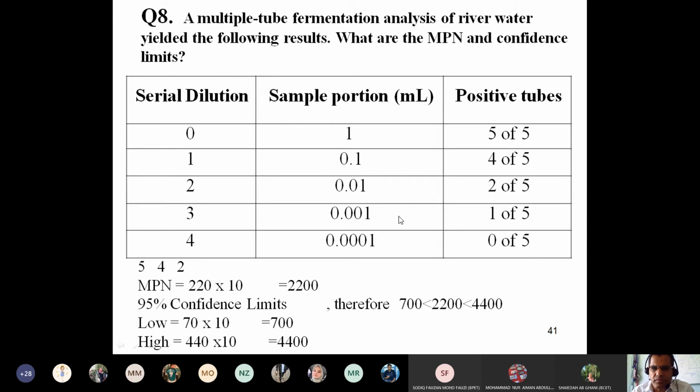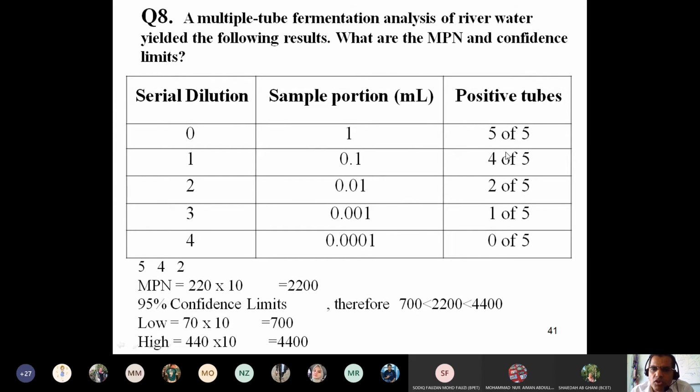So here, if I take 1, 2, 4, this is too much diluted. Okay, so you see 1, 2. If this is 3, I will take this one. But this is 4. If I take from here 1, 2, 4, this is too much diluted. If I take from here, 5, 4, 2.